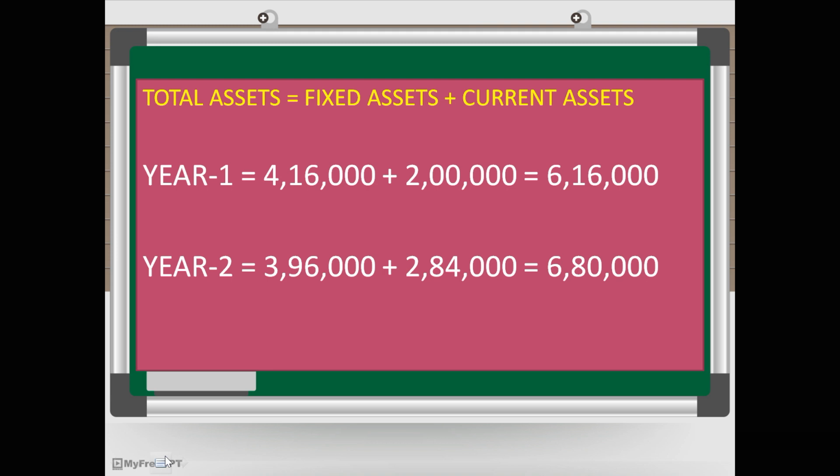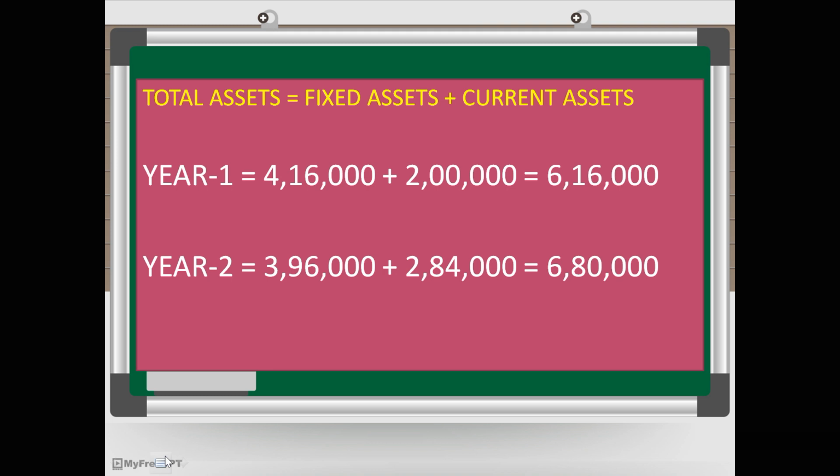In the balance sheet, fixed assets are directly given, the amount for both the years, 4,16,000 and 3,96,000, directly given, right?